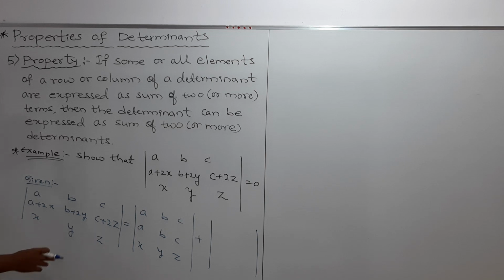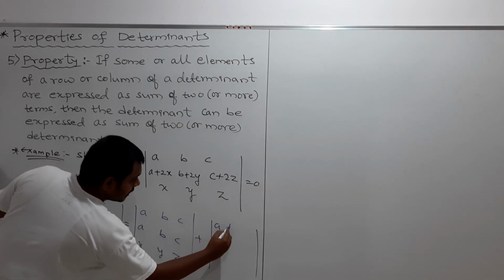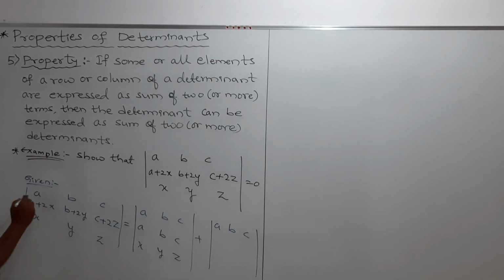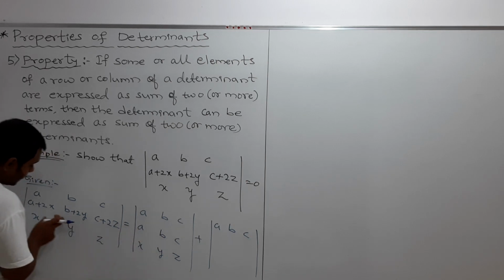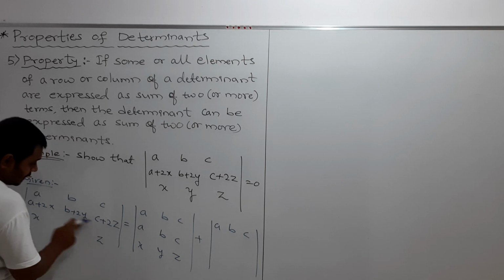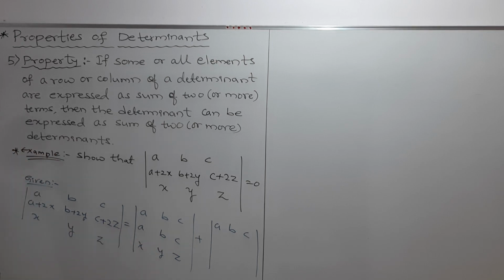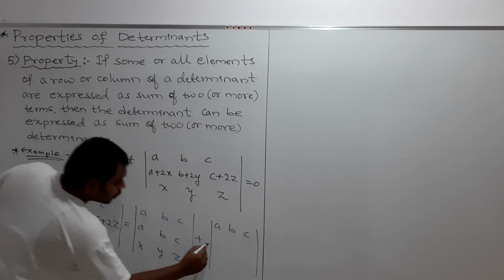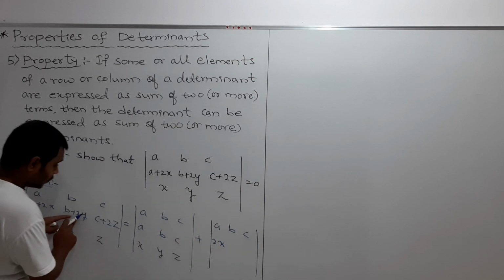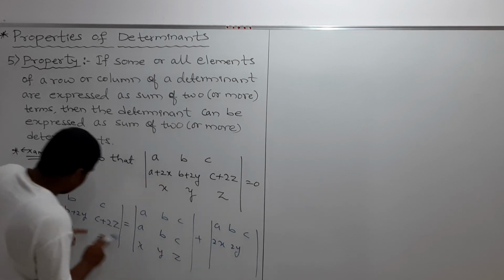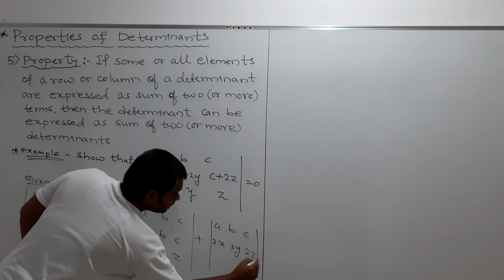Clear? And next, my dear students, again here it is a b c. The first row elements I write as it is. Now here it is a b c, sum of the two terms here. So a b c I already wrote here. Next I will write 2x, 2y, 2z.